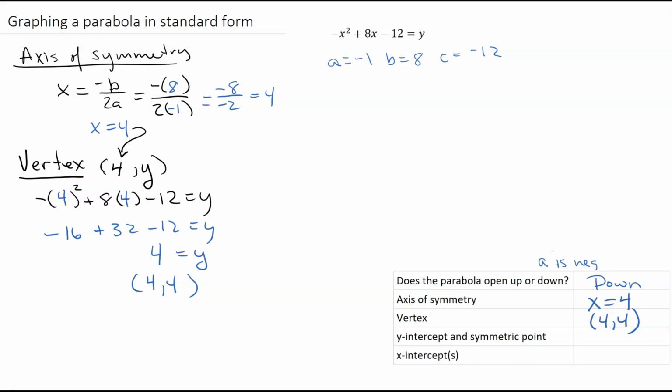Next, I'm going to look for my y-intercept. And I always find my y-intercept by setting x equals 0. And when an equation of a parabola is in standard form, the y-coordinate will be c. So for this particular parabola, I'll have the point 0, negative 12. I could always find that by also just substituting 0 in for x.